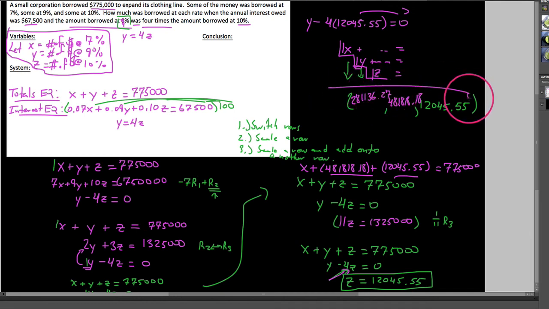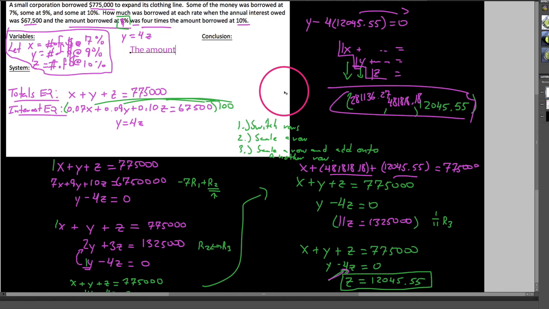So within the context of this problem, we have to come to a conclusion here, and so that's where I'm going to actually pull out my text, because I'm just going to write horribly here, but we would say the amounts invested at 7%, 9%, and 10% respectively are, let's see, 281,136.27 dollars, 481,818.18 dollars.